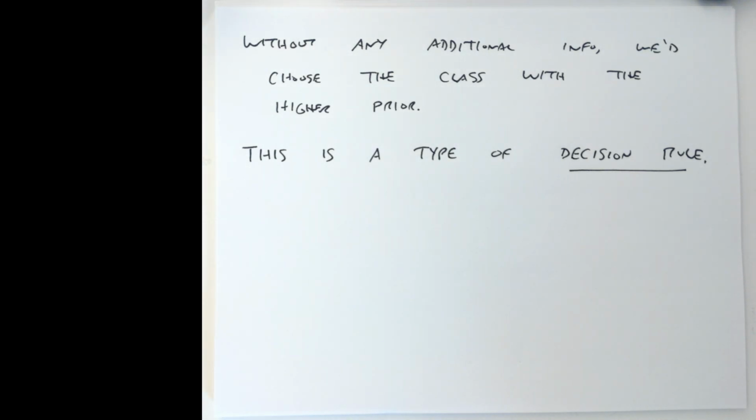However, this is going to, of course, generate a lot of mistakes because I'm never going to classify as anything other than salmon, right? If salmon was 2/3 and tuna was 1/3, then I'm going to be making a mistake on average 1/3 of the time, and my error rate is going to be basically 1/3, right? Obviously, it seems like I should be doing better.